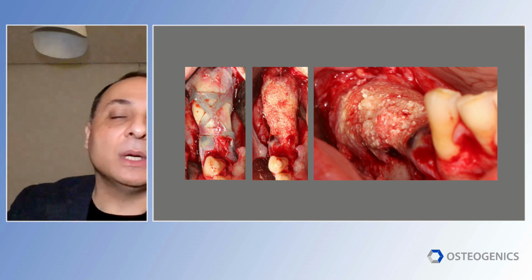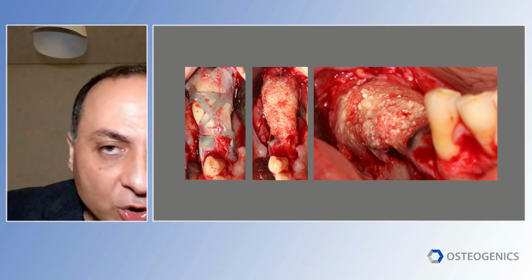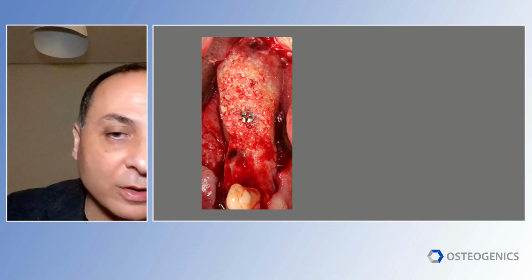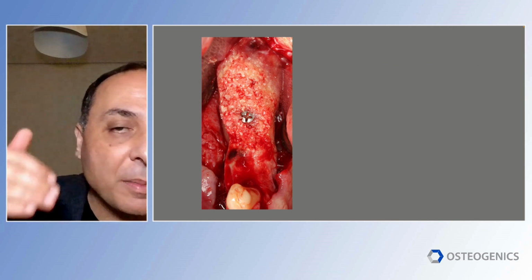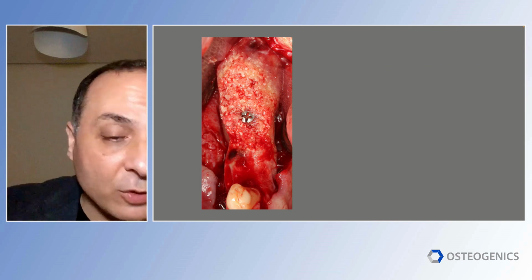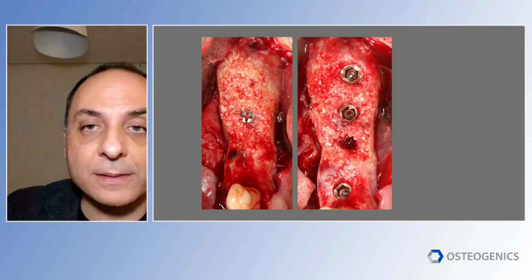And this happens exactly in the similar manner, whether you use autogenous bone with the xenograft or allograft. So no difference. So these particles on the surface, you just need to grab them, take them away if you want to. You can leave them. You can place your implants.